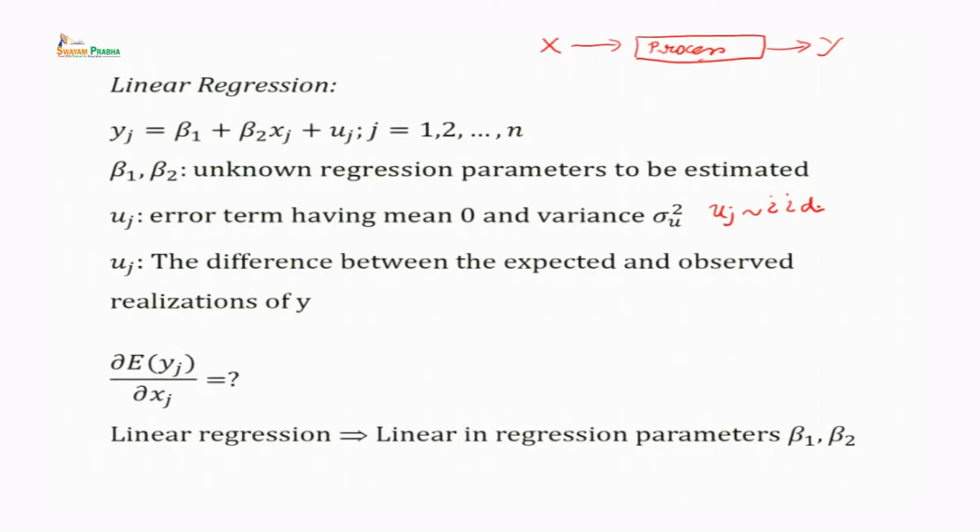In fact, the interpretation of u j is like this: the difference between the expected and observed realizations of y. If you take the expectation of y j, it is equal to beta 1 plus beta 2 x j, and this is the expected value, while y j is the observed value. So, if you take y j minus expectation of y j, then it gives you u j.